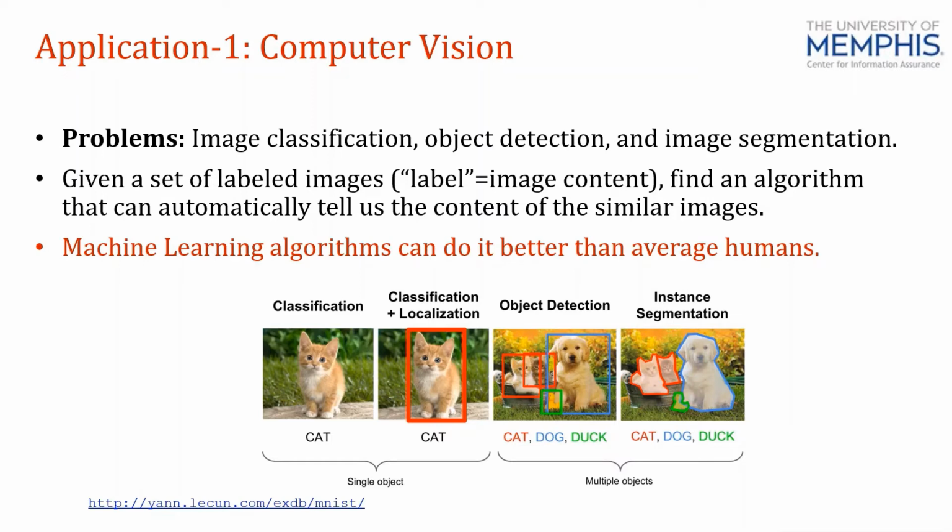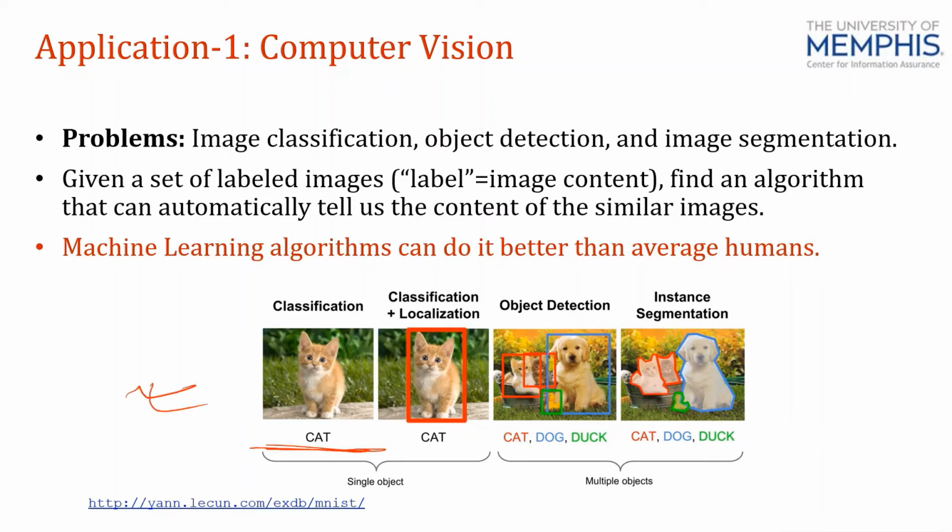Now, to start with image classification, if we try to classify an entire image as a member of one of the classes, we call it image classification. For example, in this image, my question was, is this a cat? Then the classification module answers that yes, this is a cat.